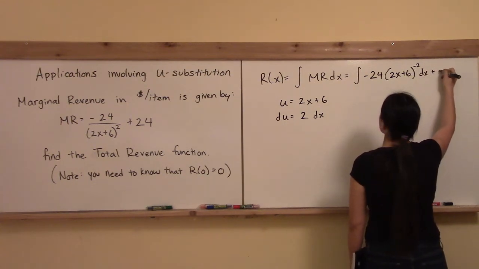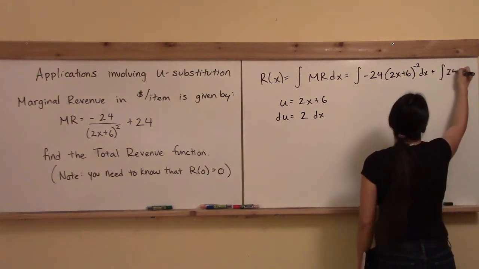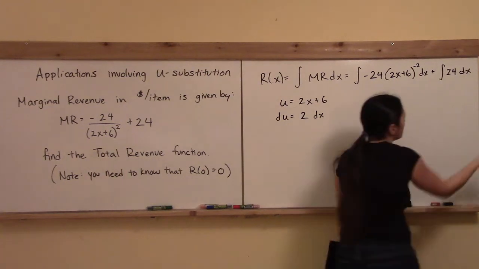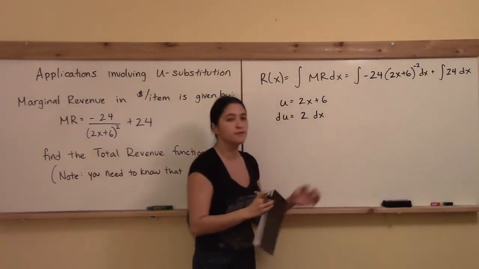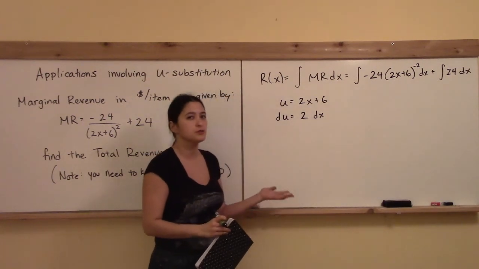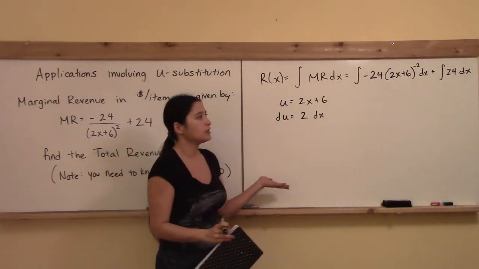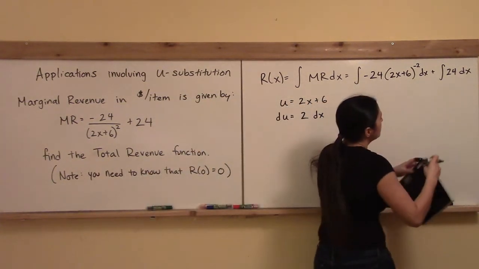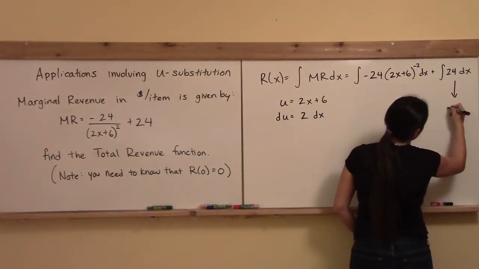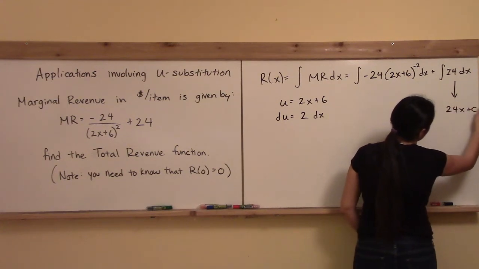This one dx, where I need to use u-sub, and this one, the number 24 dx, where I don't need to use u-sub. Because I gotta be careful and make sure I don't overuse the u-substitution. I don't want to use it on something where it's not necessary. And you can see the number 24 right here. Well, that integrates directly. That's going to be equal to 24x plus c, right?